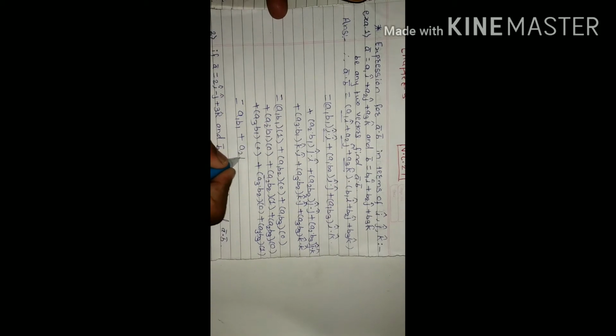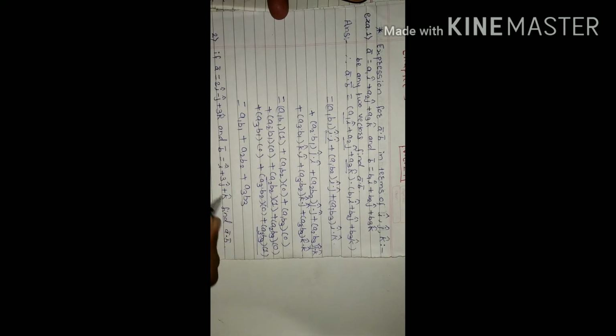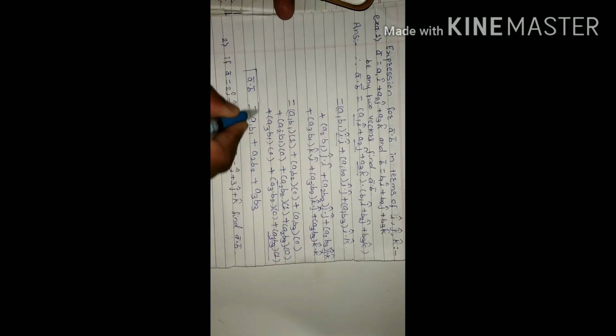Then only the values of a1 b1, a2 b2 and a3 b3, multiplied by 1, remain as they are. Therefore the dot product a bar dot b bar is equal to a1 into b1 plus a2 into b2 plus a3 into b3.